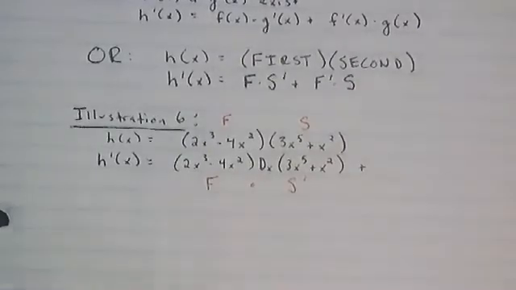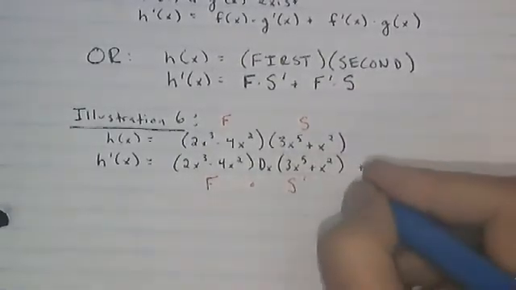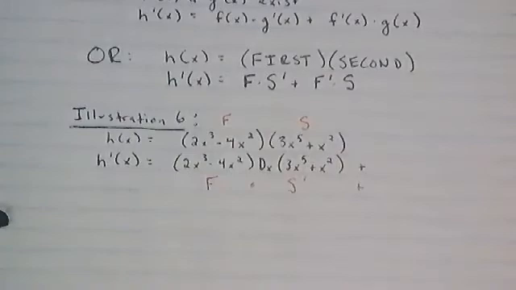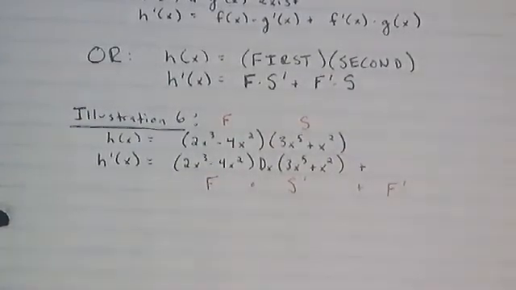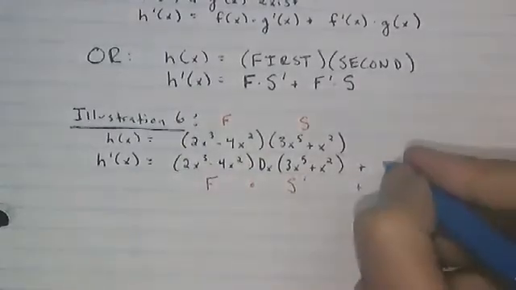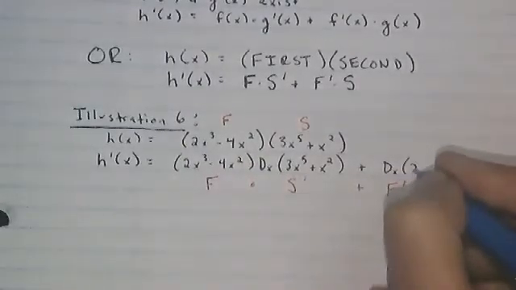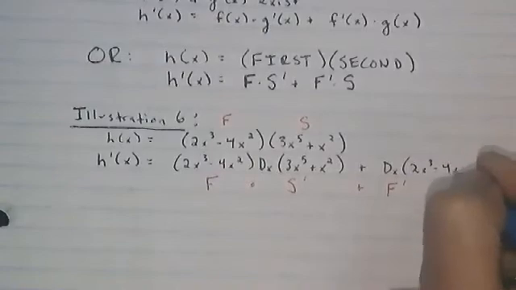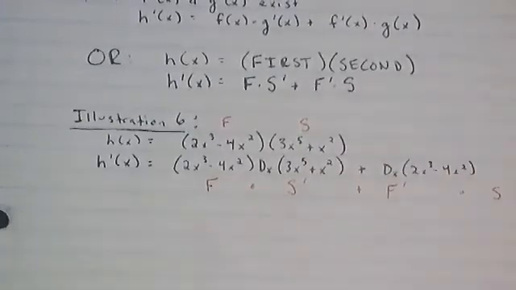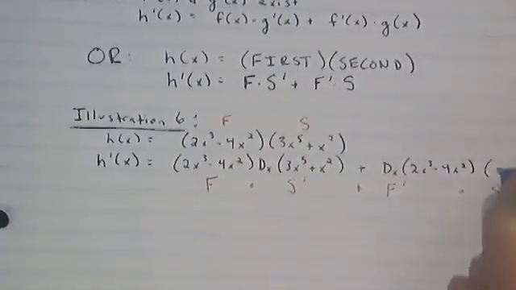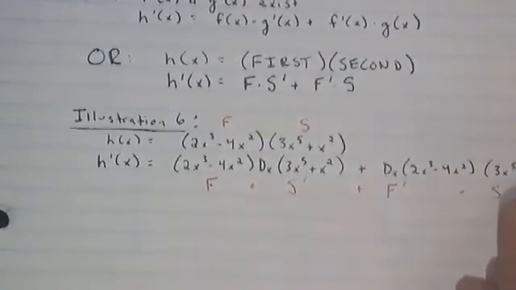plus the derivative of the first thing, f prime, times the second thing, 3x to the 5th plus x squared.